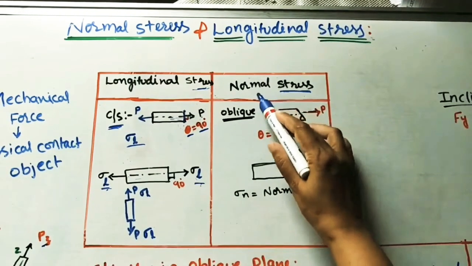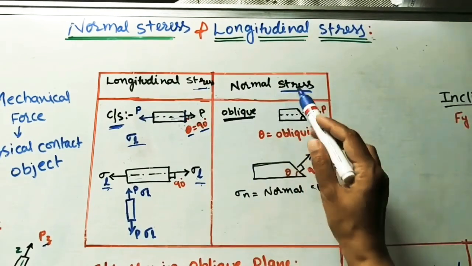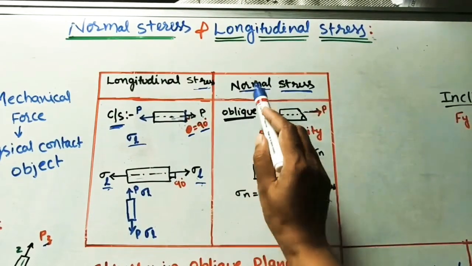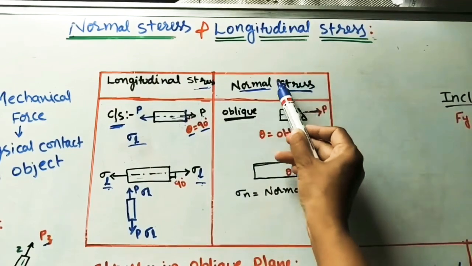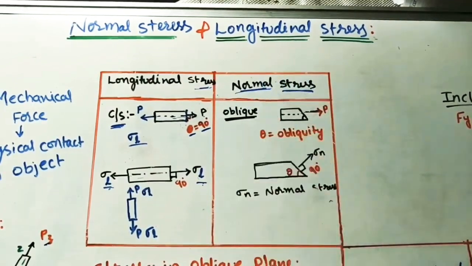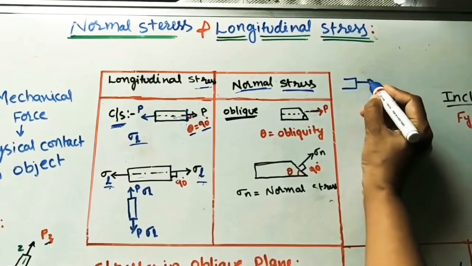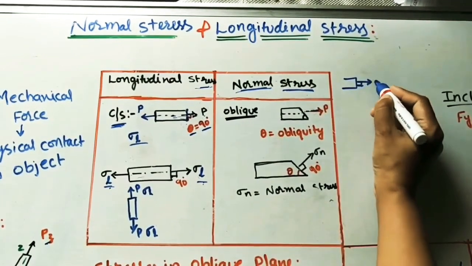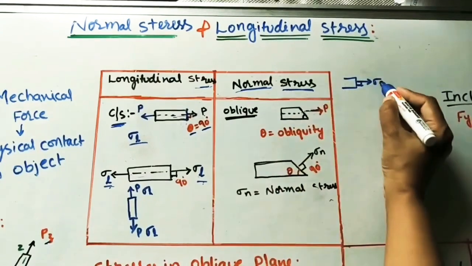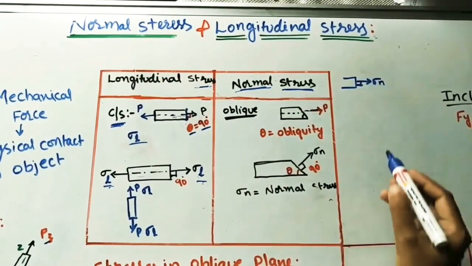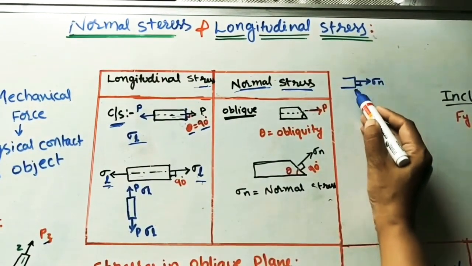Now take normal stress. Normal means 90 degrees. Stress develops at 90 degrees to the area. For normal stress I take the symbol sigma n. This sigma n is perpendicular to the area.